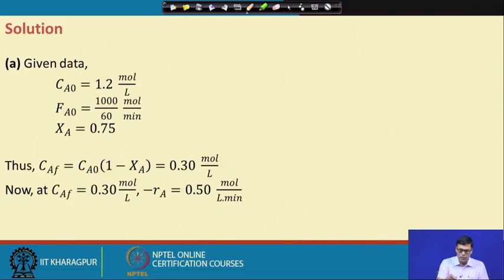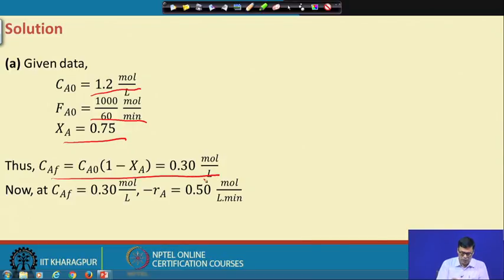Now, in this problem, CA0 is given, FA0 is given, we only convert to per minute because it is given per hour, and the conversion is 0.5. The CAF I have already shown is 0.3. How can we find the rate?